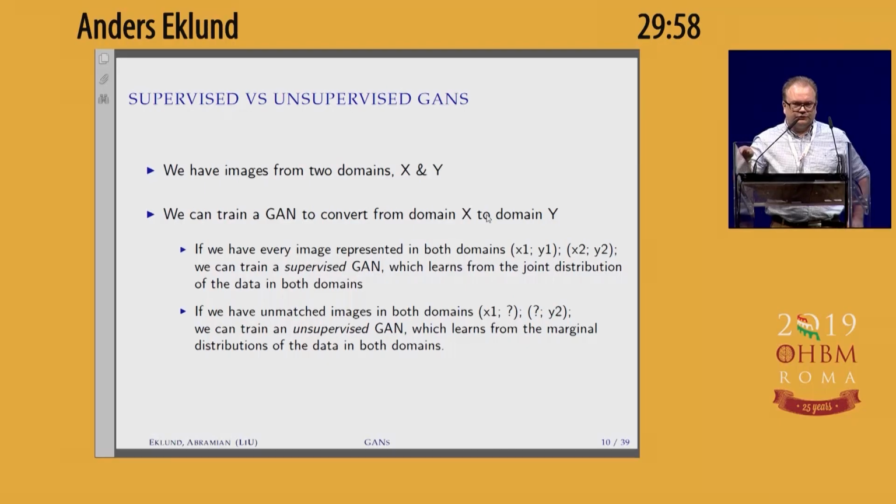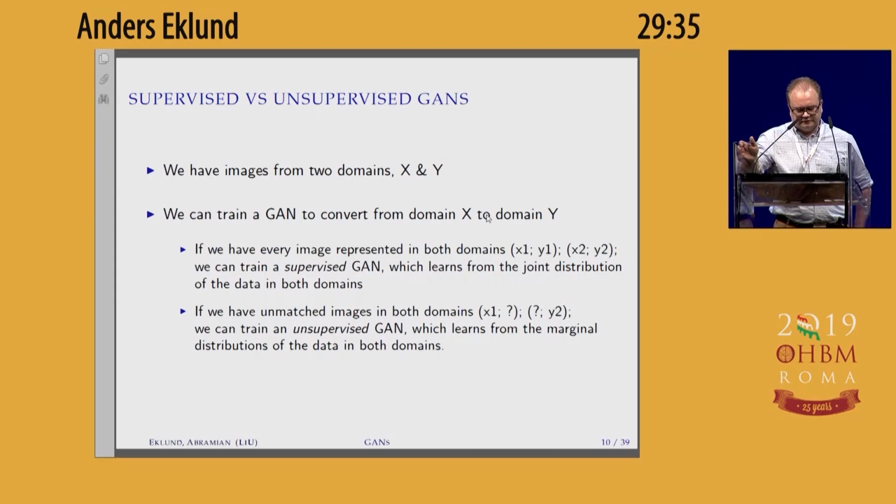So if you want to train an image-to-image GAN, you basically have two options, to use a supervised GAN or an unsupervised GAN. So you have images from two domains that we can call X and Y, and then we can train a GAN to convert from one domain to the other. So here it depends on what kind of data you have to start with.